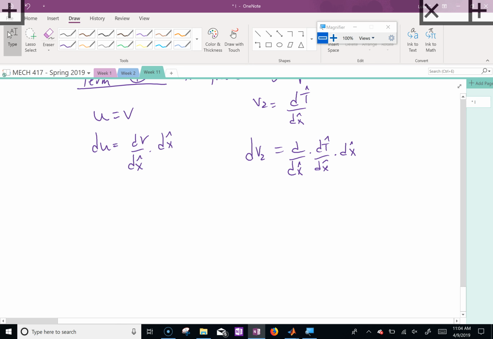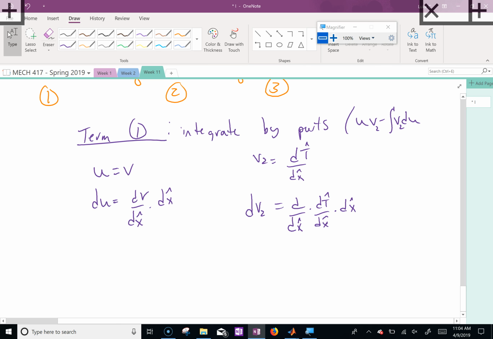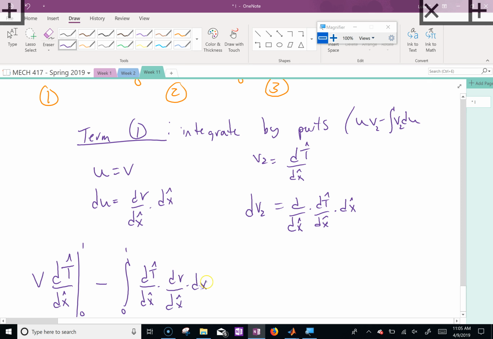So we have u, which is v, times the derivative, from 0 to 1, minus the integration of v2 from 0 to 1 of d2 hat over dx hat times dv/dx hat times dx hat.